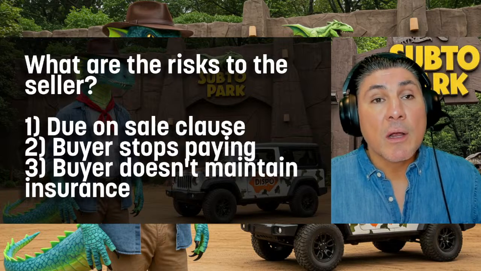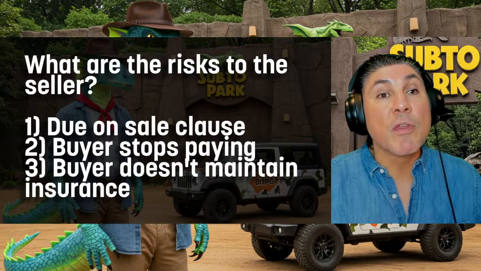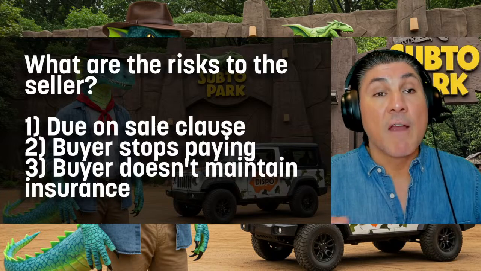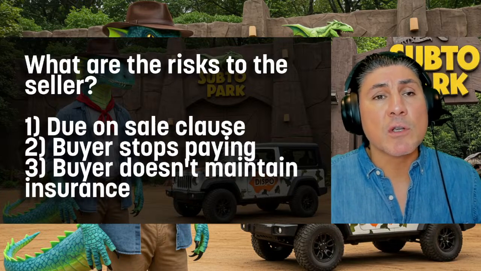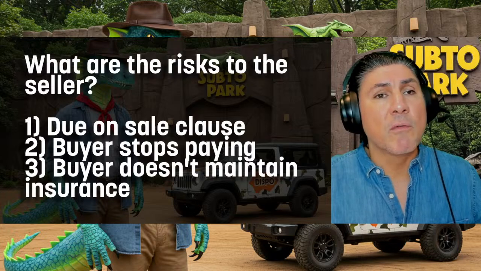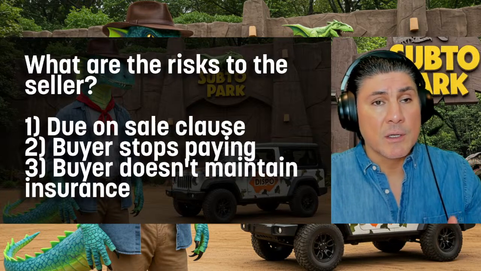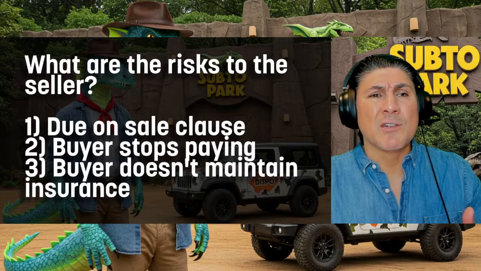And so the burden of proof is on the owner to show the lender, if they ever do call the loan due, the burden of proof is on the seller to prove, wait a minute, I still own the property. All I did was transfer it into a trust. All I did was transfer it to my spouse. All I did was transfer it into an LLC that I own.